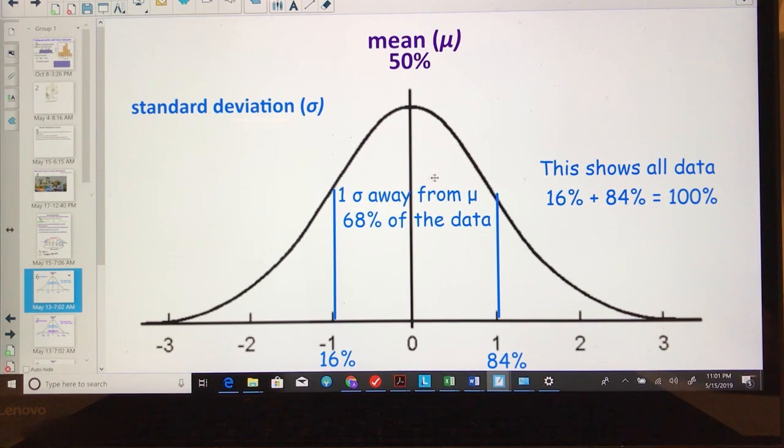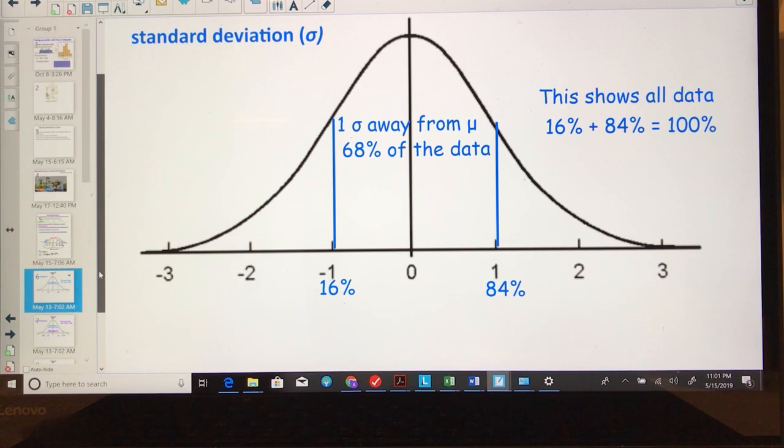That means 34% is here and 34% is here. So if this is 50th percentile and I add 34%, that's how I get this 84 here. And if I take my 50th percentile and I subtract off 34%, that's how I get my 16%. Okay?